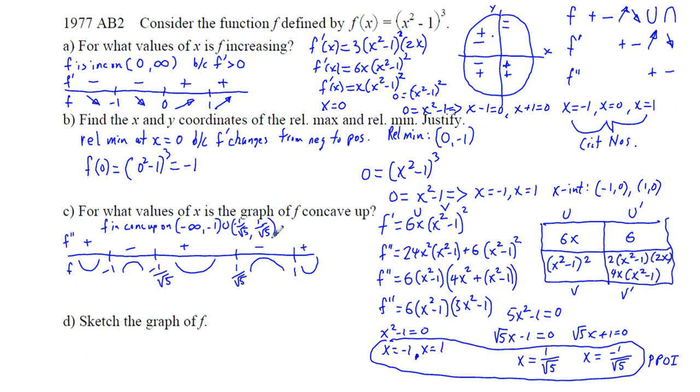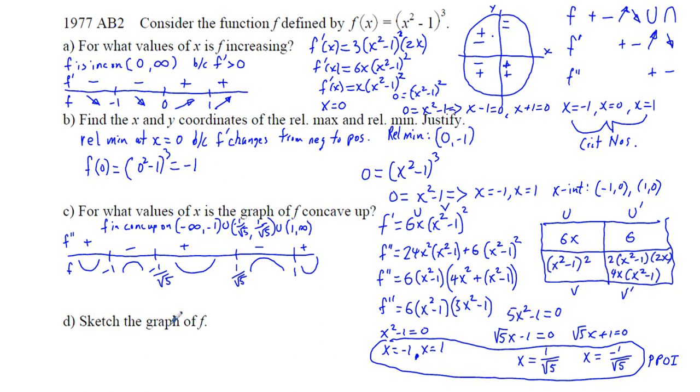So that's another interval of concave up. And then finally, we have greater than 1 less than infinity. So that's really all that analysis.